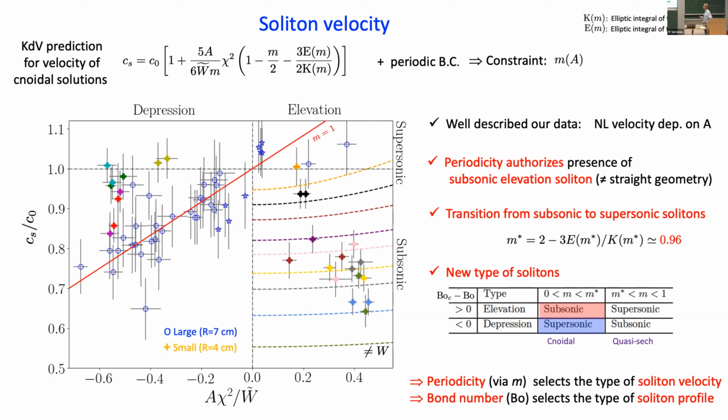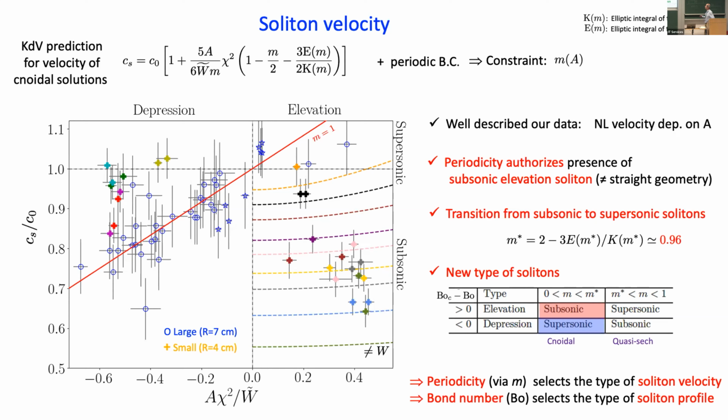So it is reasonably in good agreement with our data, and it means also that the velocity is now nonlinear with the amplitude of the wave, contrarily to the usual case for m equal 1. And so it means also that the periodicity authorizes the presence of these subsonic elevation solitons.